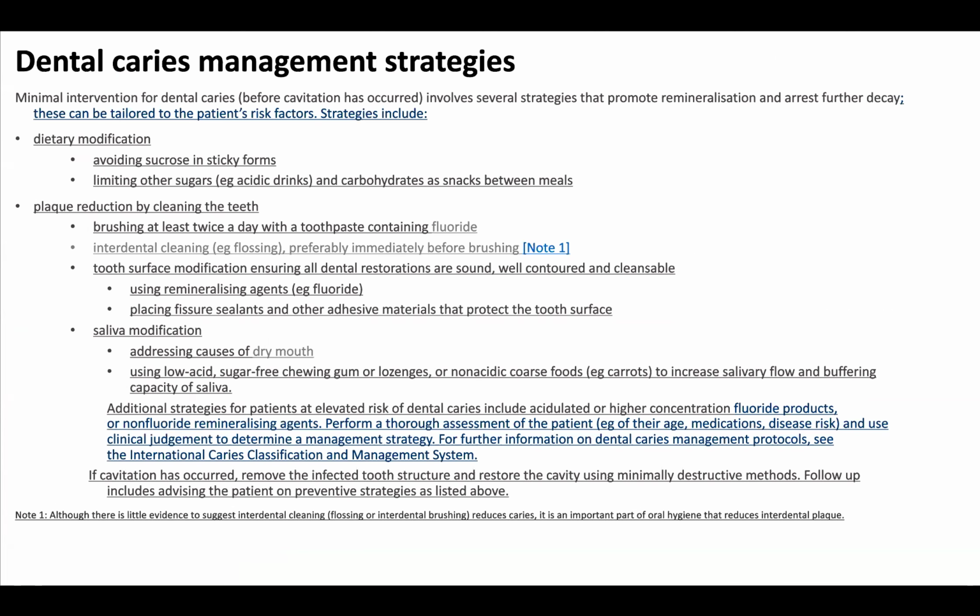Management is what I want to spend more time on. So, minimal intervention for dental caries. Start off with minimal intervention, dietary modification, avoiding sucrose in sticky forms. Many times you have parents in OSCEs also, they give you scenarios or in part 1, and the parent says, my child is not eating anything sweet.